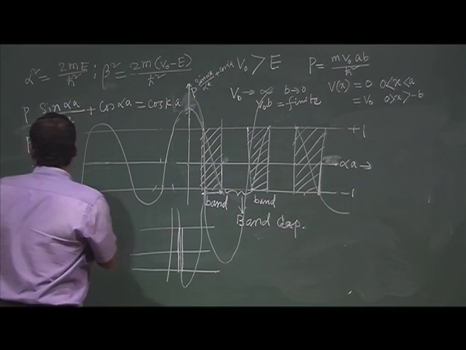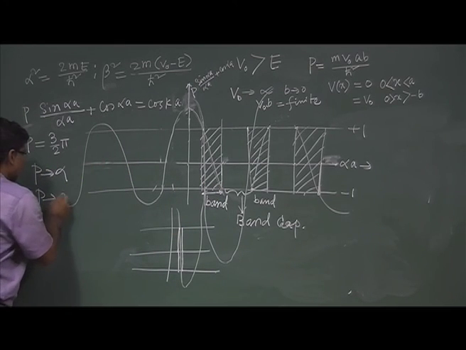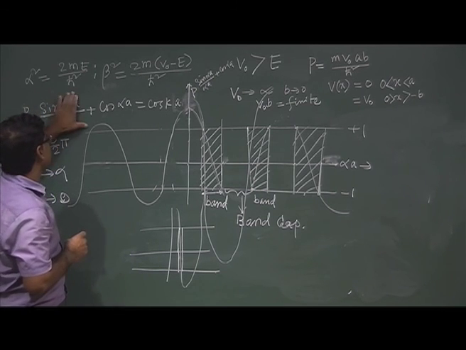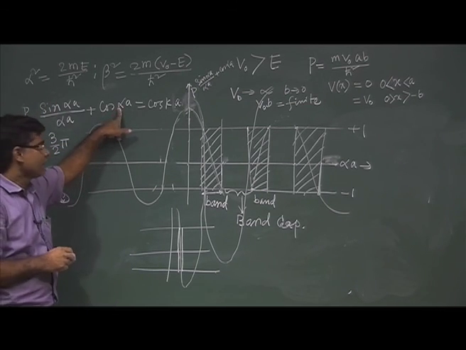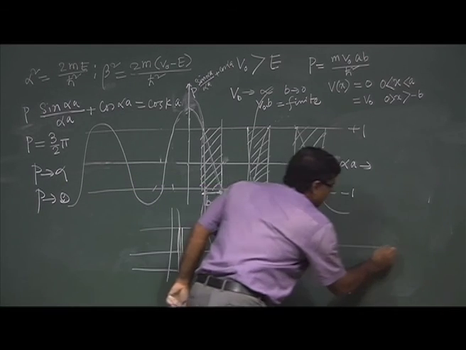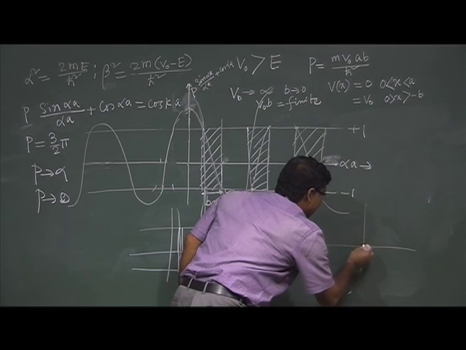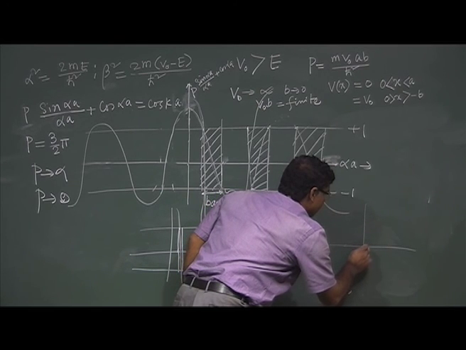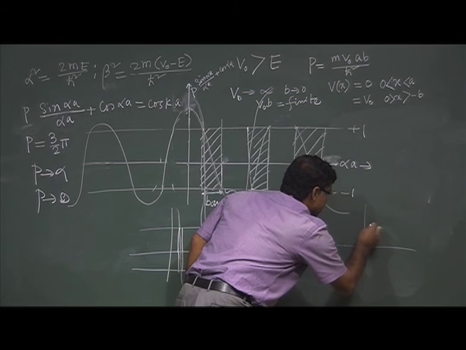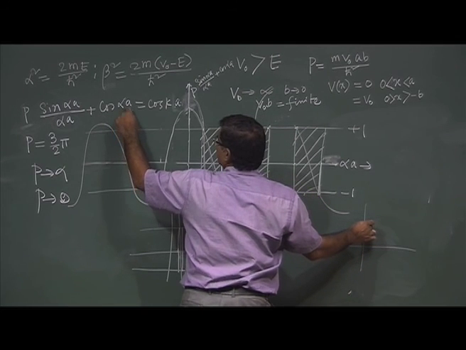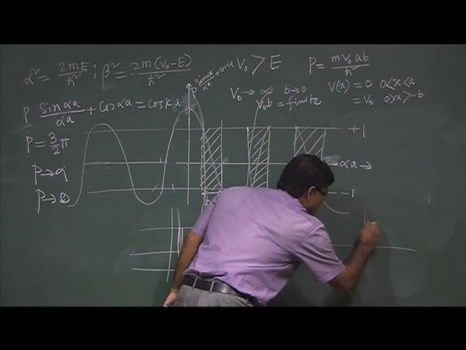Okay. Now, the other way, if P tends to 0, then this part is not there. So, it is just a cos function. It will vary like this: cos alpha a, when it is 0, this is 1.